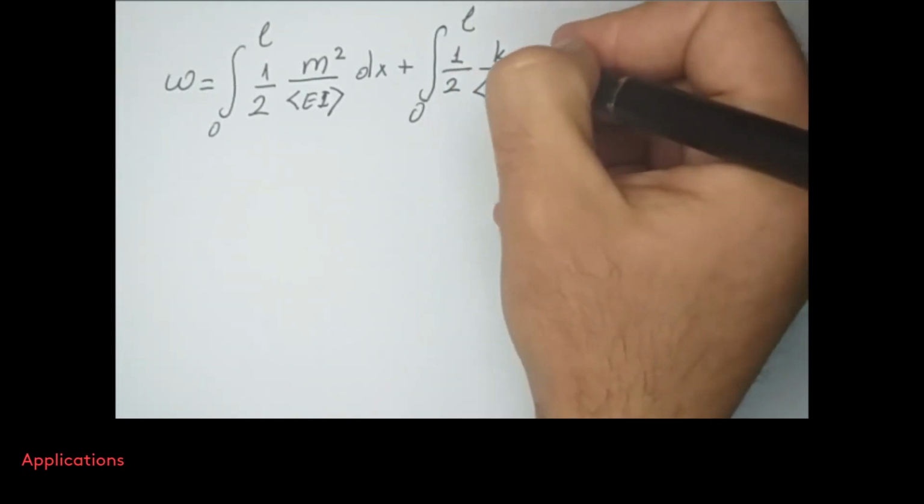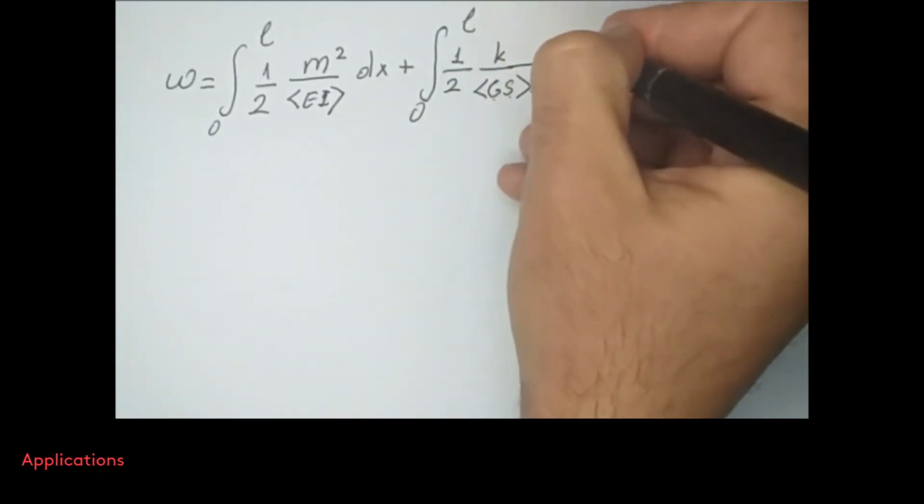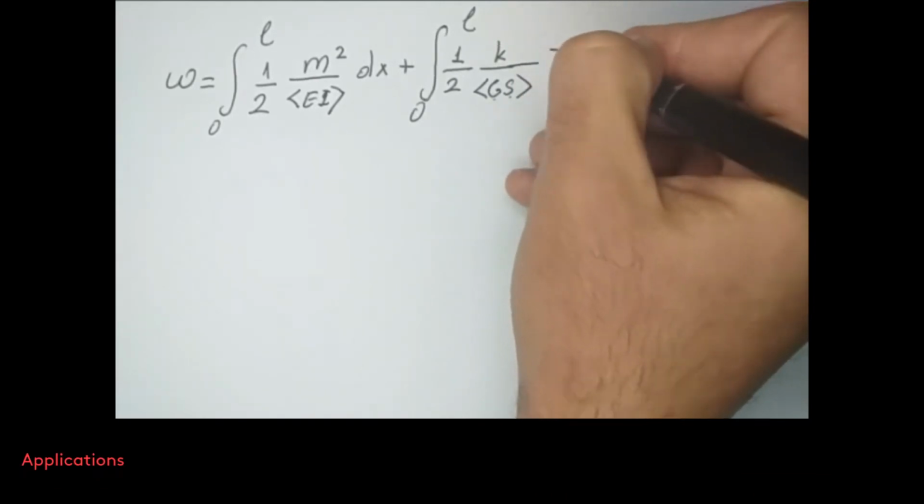So let's write the effective values. K is a factor, constant.